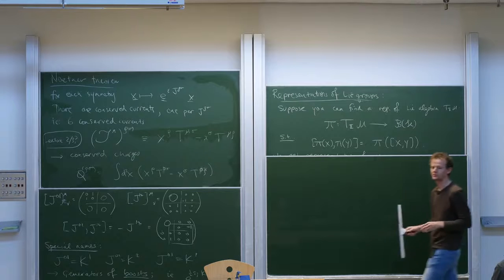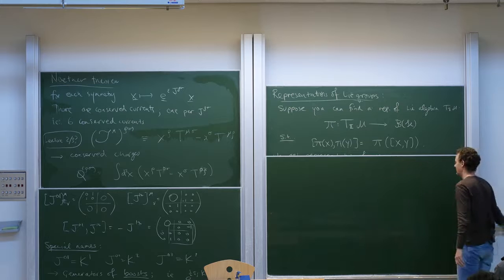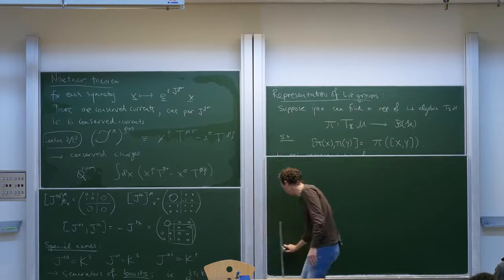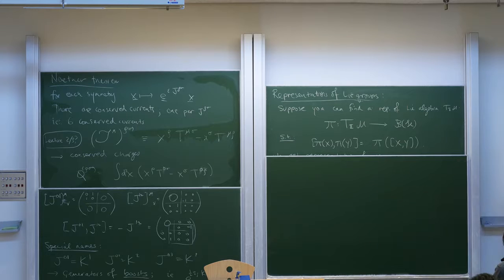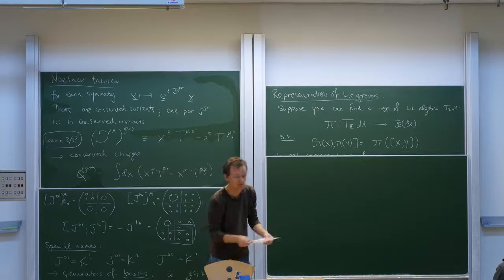They generate canonical transformations on phase space, giving a representation of our symmetries on phase space. So I find that much more profound, actually, than the Noether theorem.